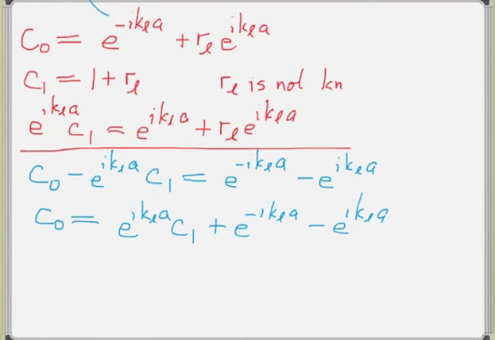So now I've solved for C0 in terms of C1, and I can do the same thing with the right-hand side, solve for C4 in terms of C3, going through the same procedure, and now I will have a closed form set of equations for C1 through C3, basically a 3x3 set of matrix equations.